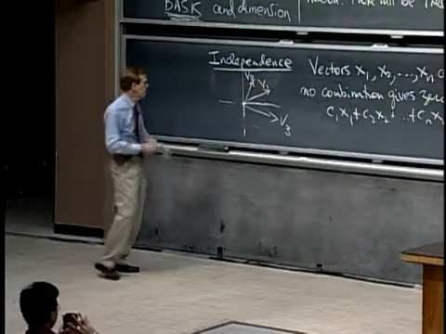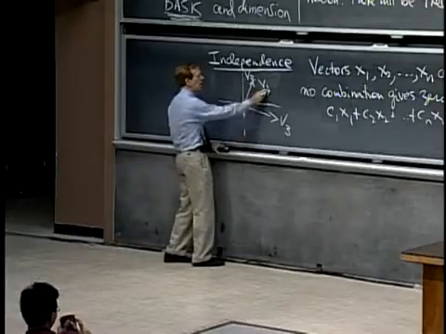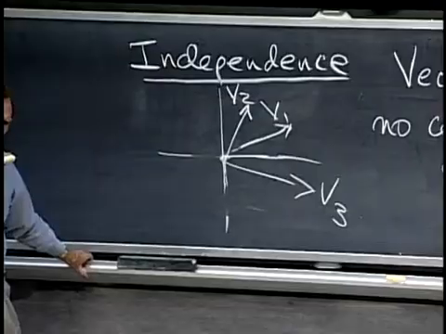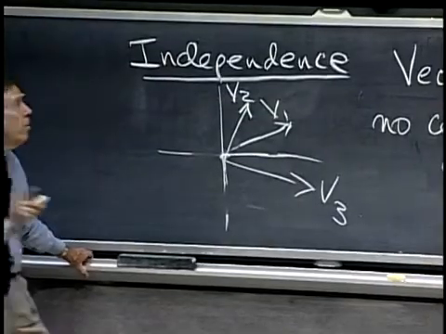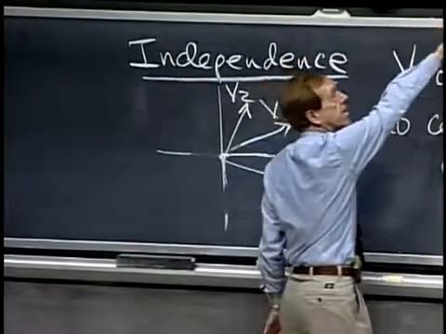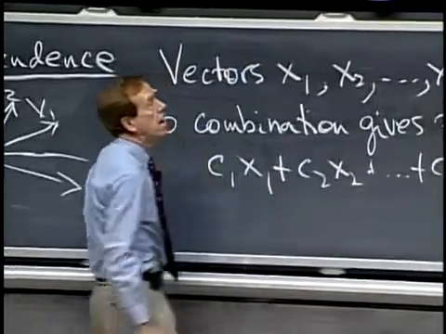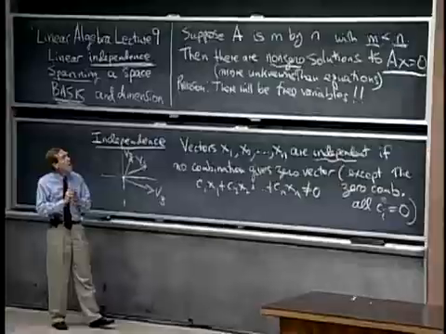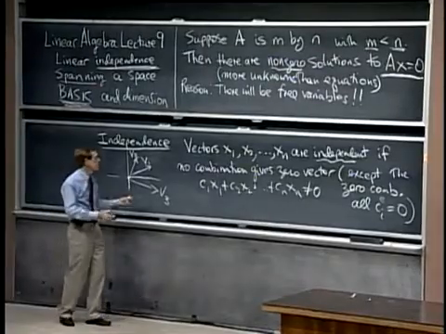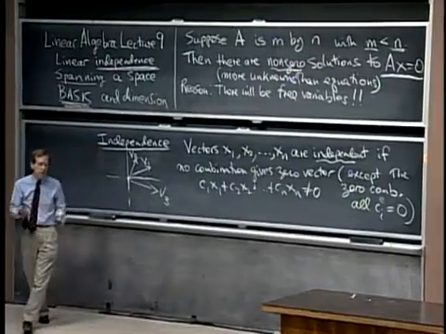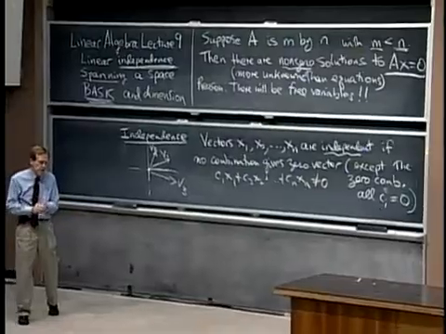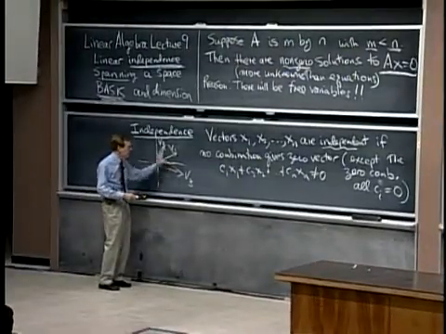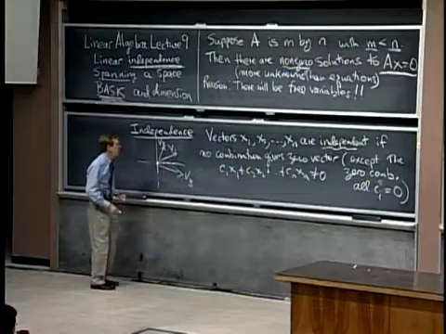How do I know that some combination of v1, v2, and v3 gives me the 0 vector? I know because of that. That's the key fact that tells me that three vectors in the plane have to be dependent. Why is that? What's the connection between the dependence of these three vectors and that fact?